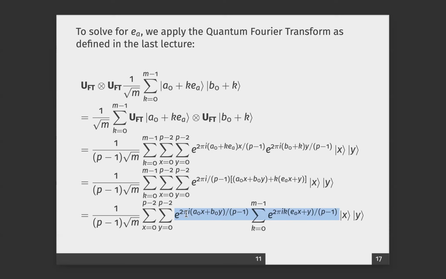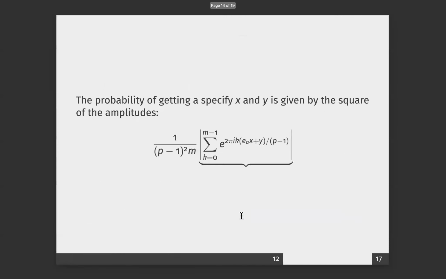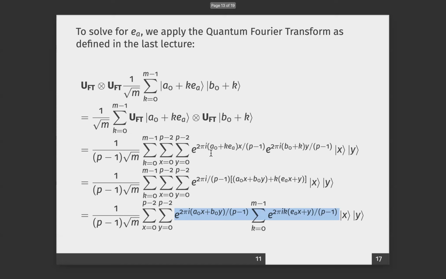And then this one here. Now you might be wondering, what happened to this one? Well, the thing is, if you take the square of this expression here, it will just be equal to 1.